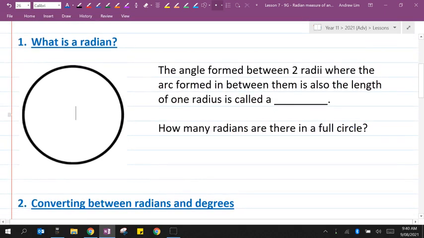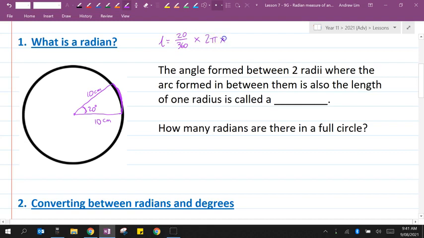What is a radian? Now, if we were to create a sector, let's say that this has a radius of 10 centimeters, and let's just say that this angle here is 20 degrees. If we wanted to work out the arc length, we can. The arc length, L, is equal to the fraction of a circle times the circumference of a circle, 2 pi r.